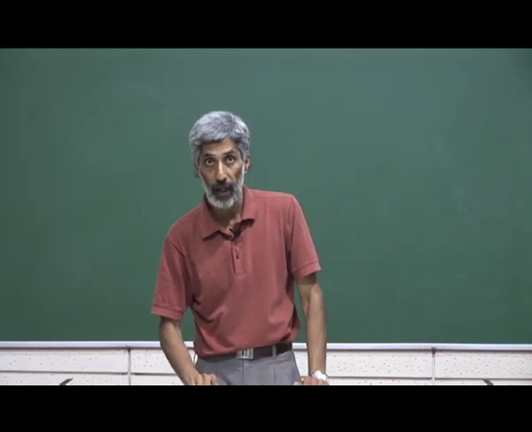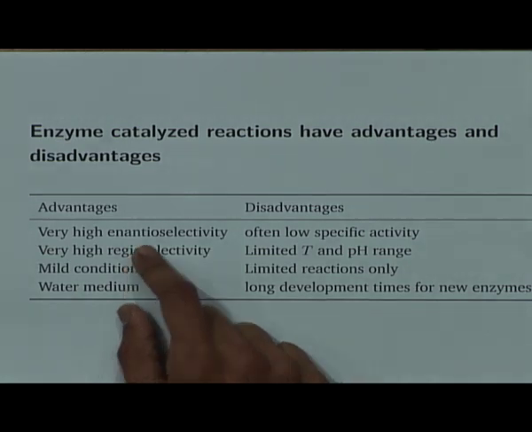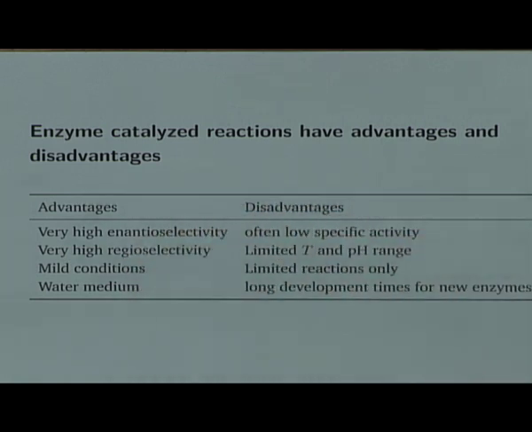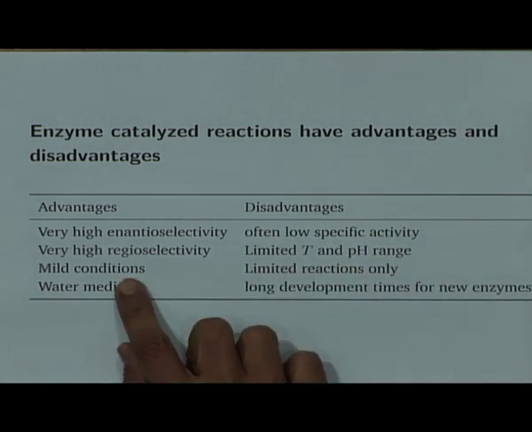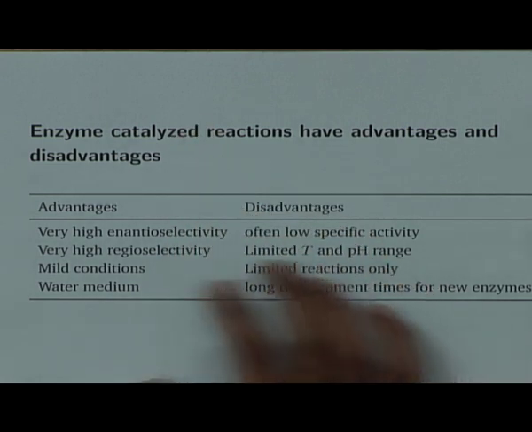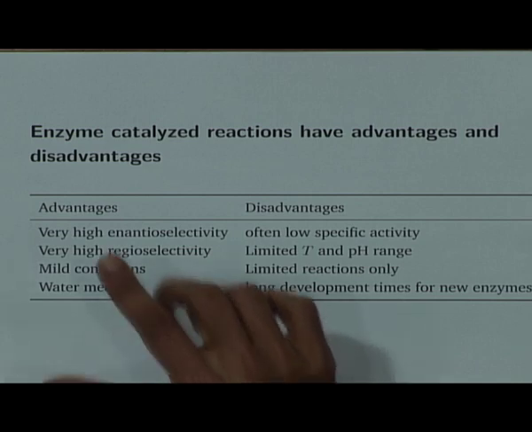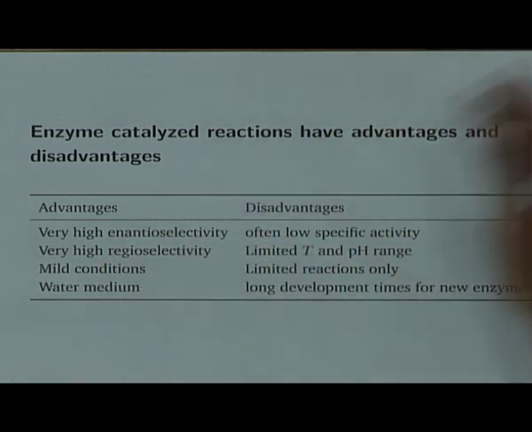So, they have very high enantioselectivity, they have very high regioselectivity, which means that if you have a reaction at one site, it won't react if there is a change in that. And you can have reactions happen at very mild conditions. This is of great importance, because you don't want to subject your reactants to harsh conditions.